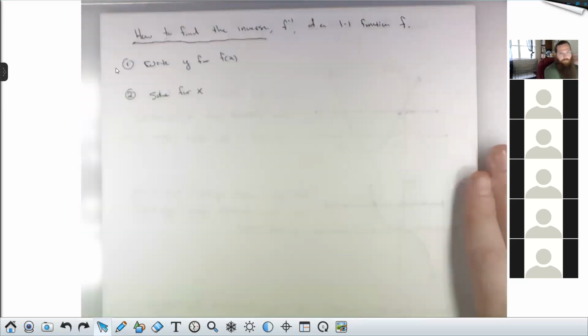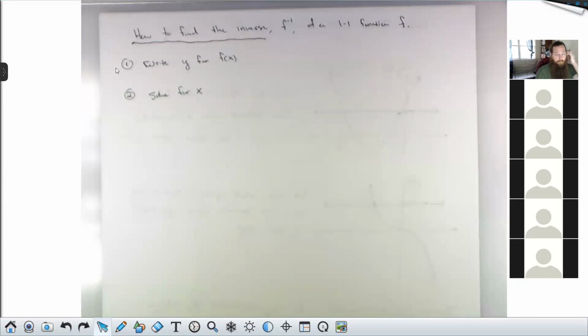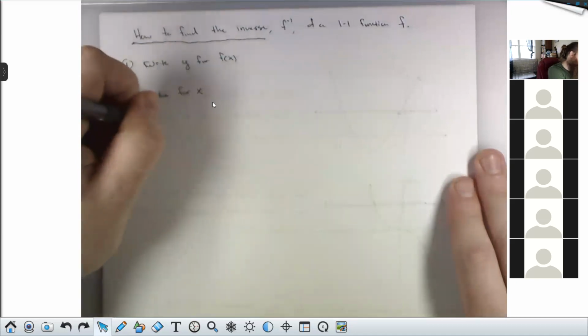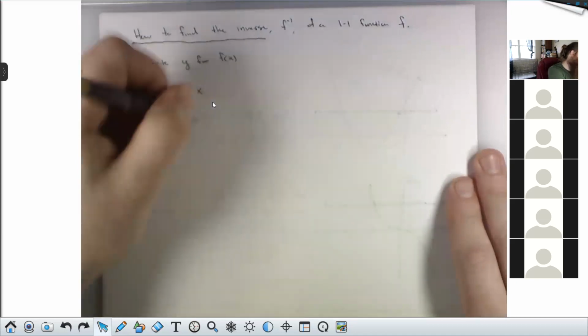And I know that this is probably different than what you've seen before, right? A bunch of people say, you know, swap x and y first, then solve for y. Don't do that. Promise me you won't do that. First, write y for f of x, then solve for x. Because now you're going to need to consider possible domain issues.